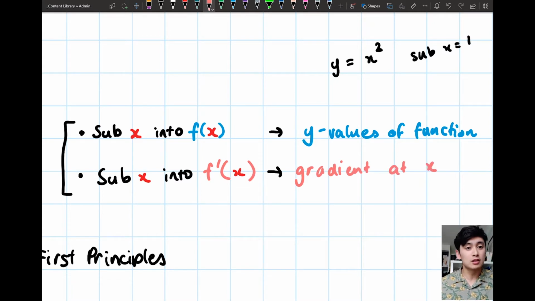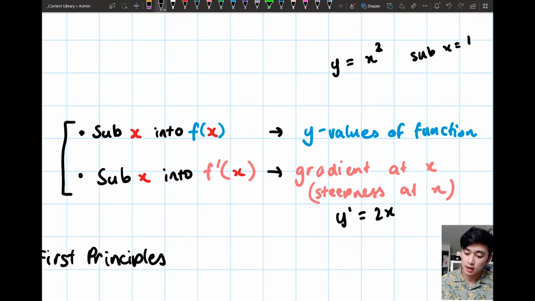So when we substitute the x values into our derivative, it tells us how steep the function is at that given point. So for example, if we differentiated x squared, we get y dash is equal to 2x. And if we subbed x is equal to 1, what that would tell me is at x is equal to 1, the gradient of the tangent is 2.